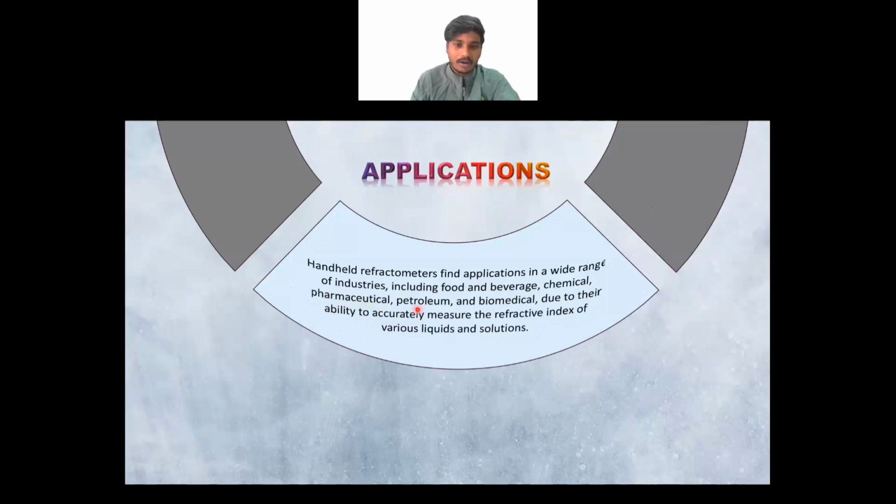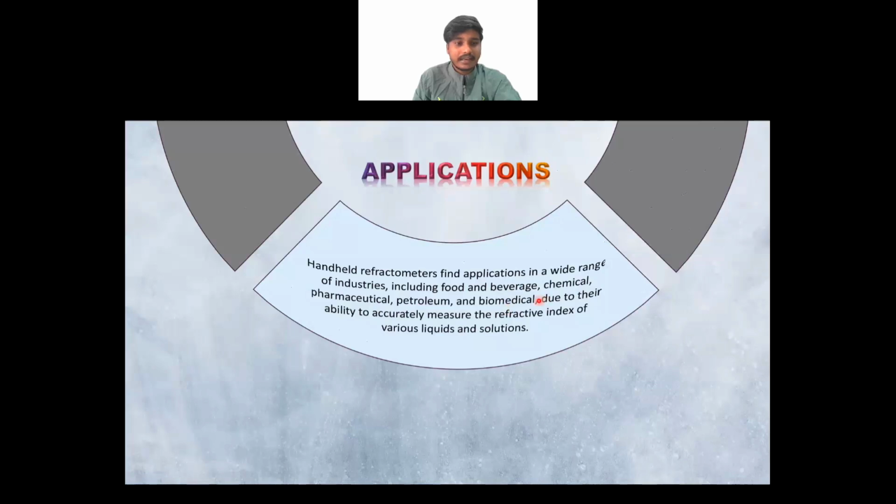And then in petroleum and oil industries, it is used to determine the purity of oils and fuels, ensuring that they meet industry standards and specifications. And in biomedical and cosmetics, etc., we can use this to determine the concentration of active ingredients or ensure product consistency in lotions, creams, and other formulations.